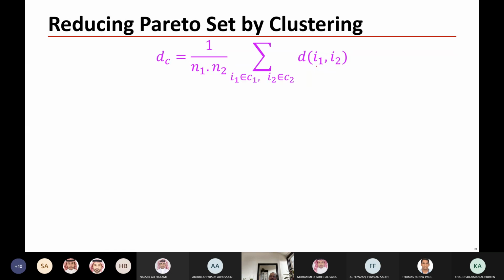Then you have the 4 distances, D31, D32, D41, D42. Okay, Abdullah? And you divide this by the number of solutions in cluster 1 times the number of solutions in cluster 2. So if this is the case, it would be 4 here. So this is the distance between the clusters.